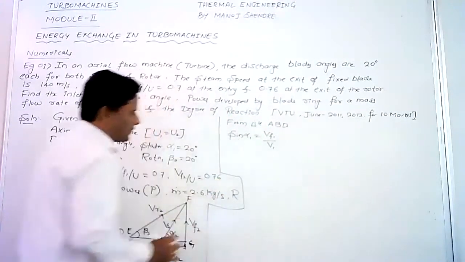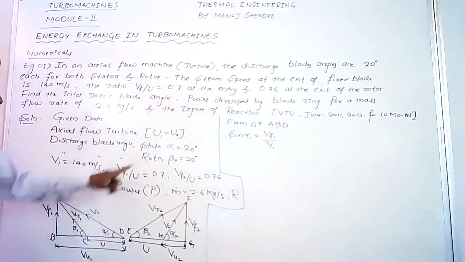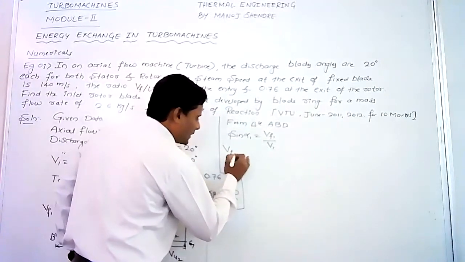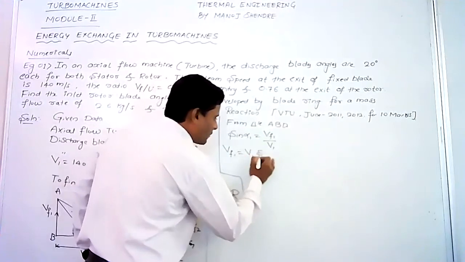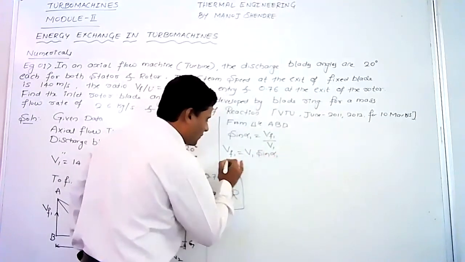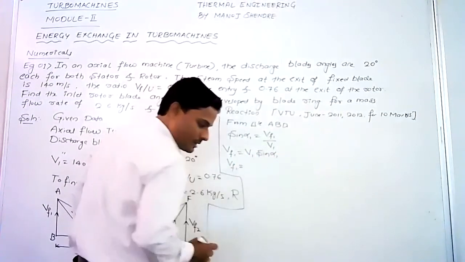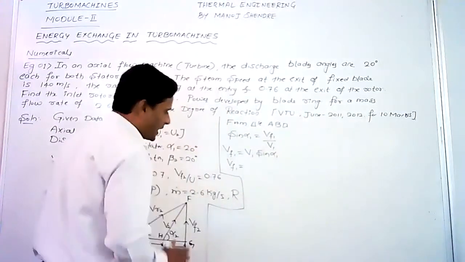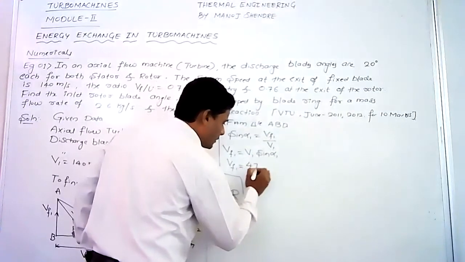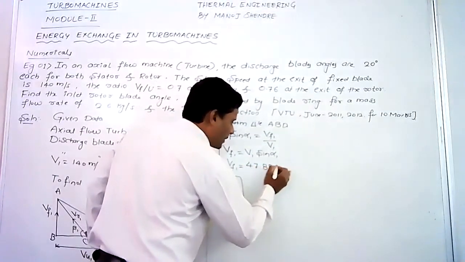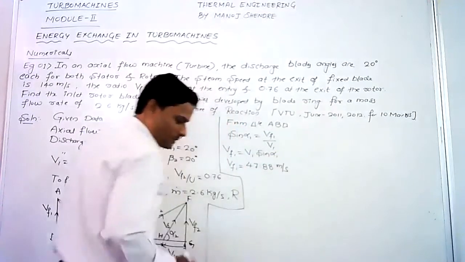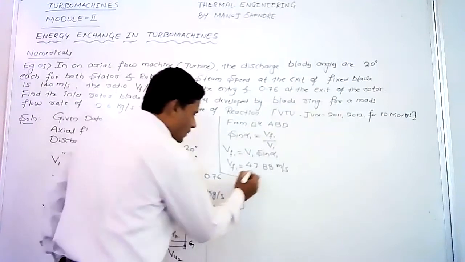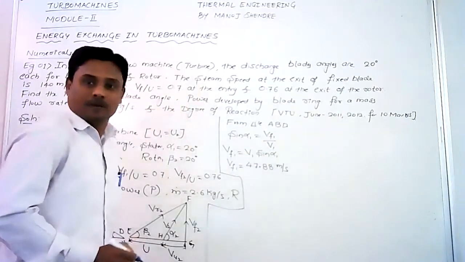V1 is known, alpha 1 is known, so VF1 equals V1 sine alpha 1. If you simplify after substituting the values, you will get VF1 as 47.88 meter per second. So kindly check the values, all of you.